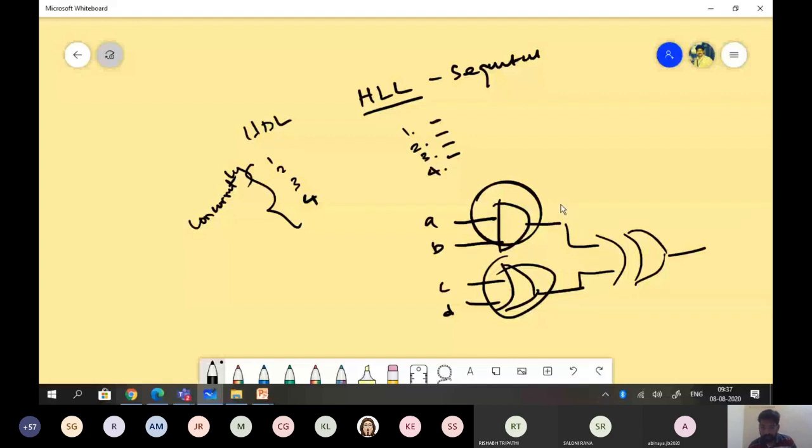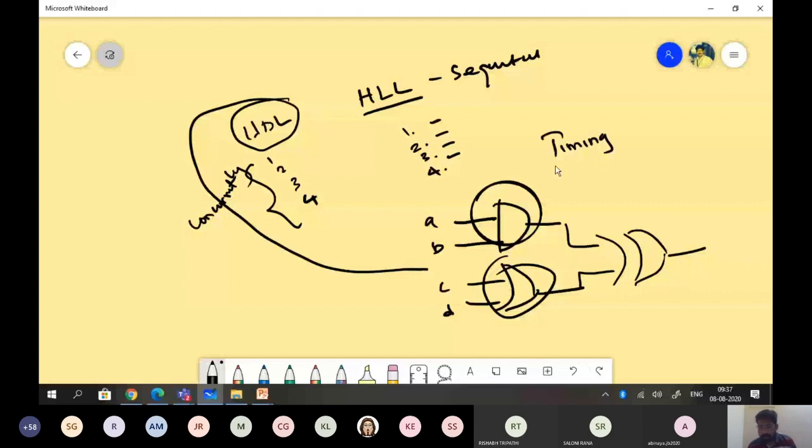Similarly, when I give C and D, this one will do the same. So there is a concurrency procedure which I can effectively model in HDL, hardware description language. And moreover, the timing related parameters I can model in HDL effectively. I'm giving input, I'm going to get the output, but when am I going to get this output? So you model your timing delays. That is possible with HDL. Okay, clear?